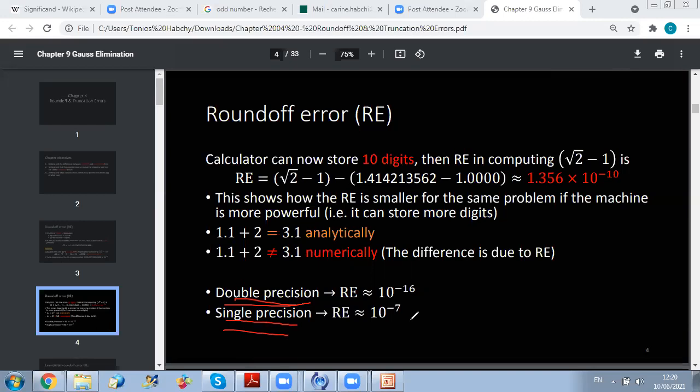Now you can try to see the precision, for example, on your phone. The calculator of your phone in general is single precision. It's not as accurate as Excel or your computers, because it can store a more limited amount of numbers. So the precision of the equipment will depend on the number of digits it can store.